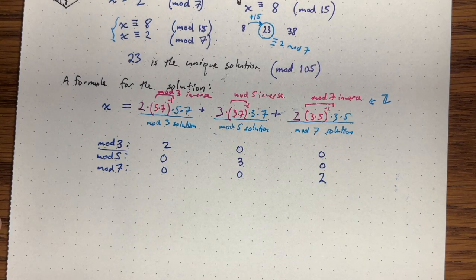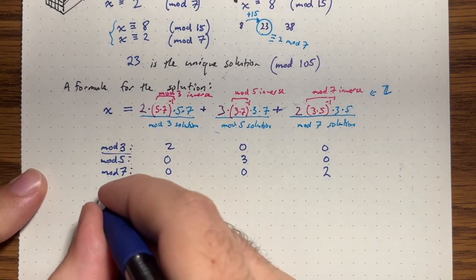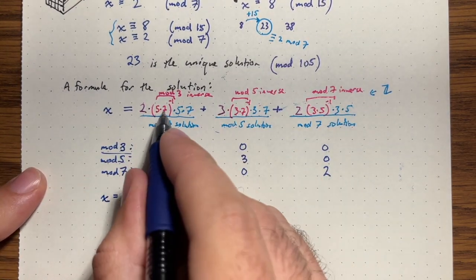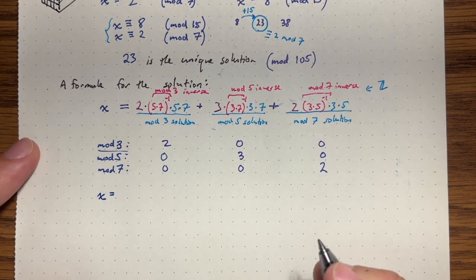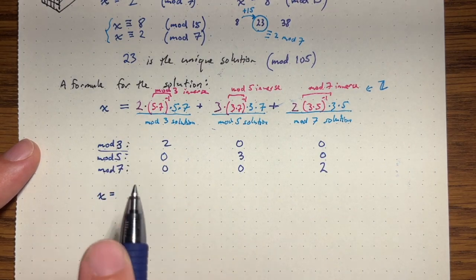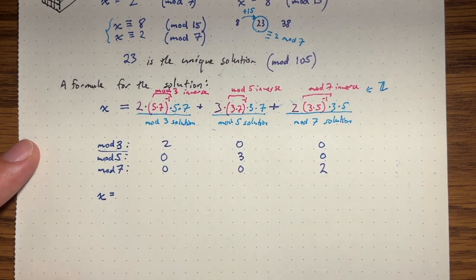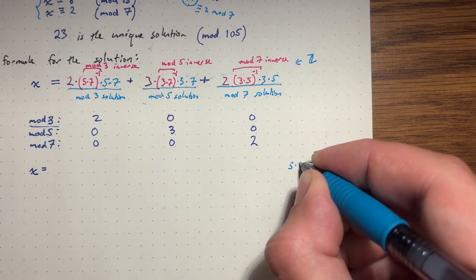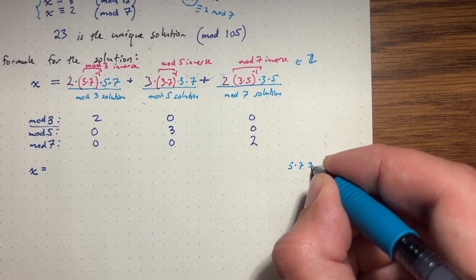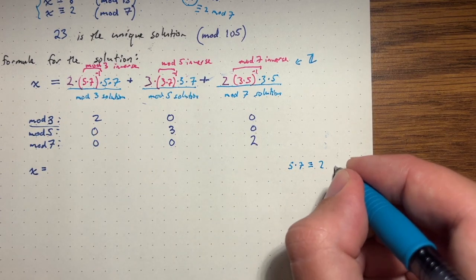Let's check it first. So x is going to be, well, we need to do some math here. So what is this inverse actually going to be? So 5 times 7, let me use some scrap paper over here. 5 times 7 is 35, so that's congruent to 2 mod 3.